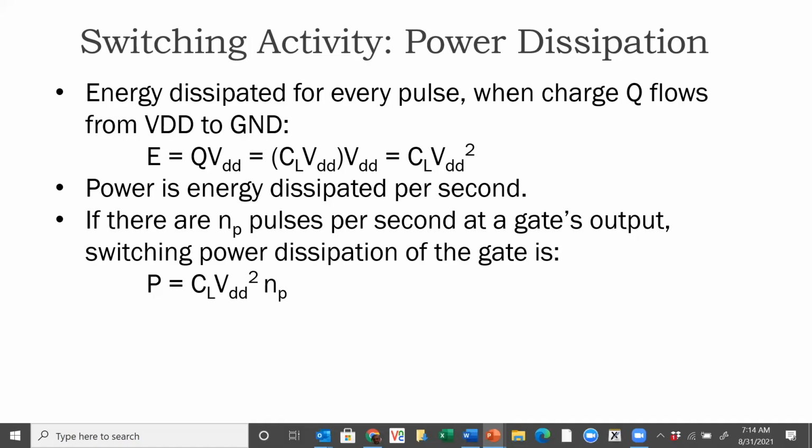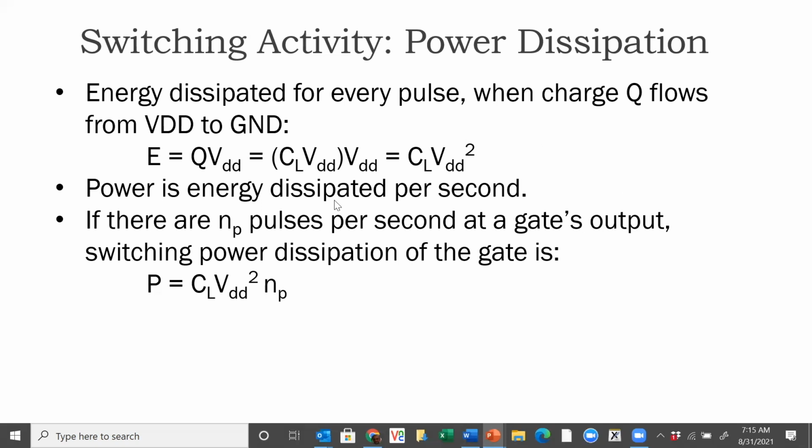For example, at 130 nanometer technology, supply voltages were of the order of 1.5 volt or 1.2 volt. Now they're down to 0.8 volt. And one of the big motivations to reduce supply voltage is because of the square dependency of energy on voltage. Now, this is the energy dissipated every time there's a pulse.